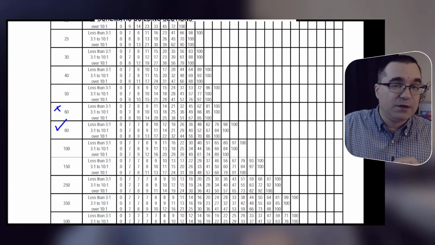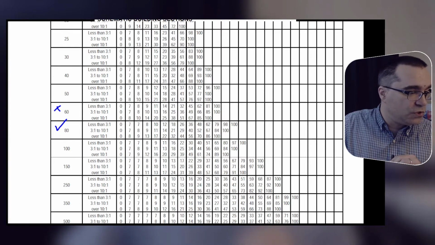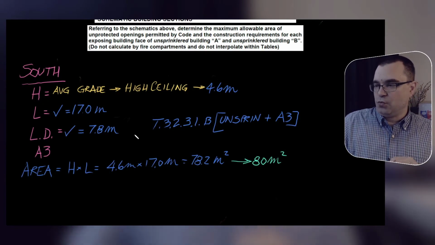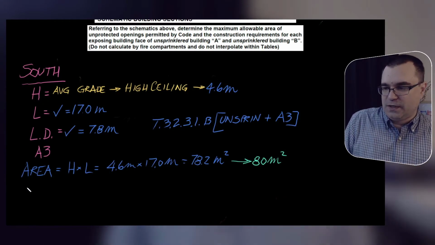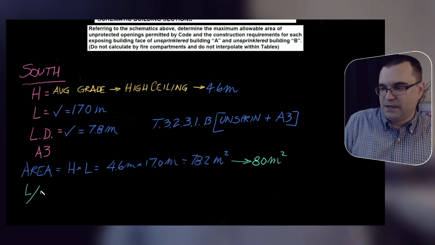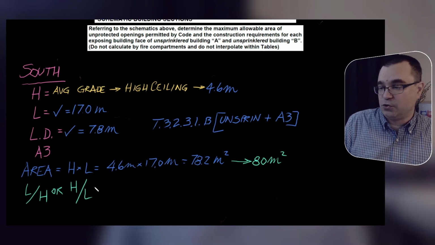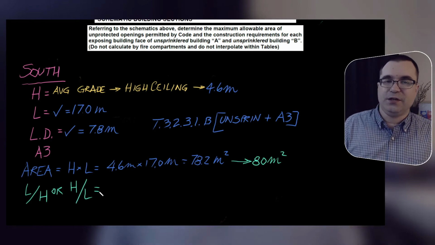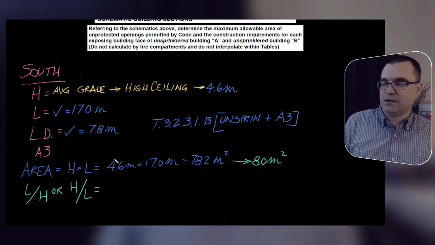Next, we have to find out what the ratio is that we have to use from here. So we have to do L over H, or H over L. We have to pick the larger one of the two. Since L is larger than H, we already know that L over H is going to be the larger of the two ratios.